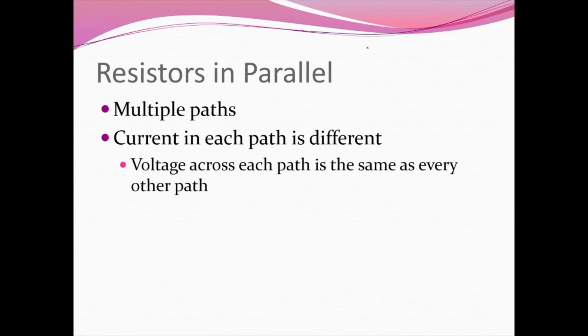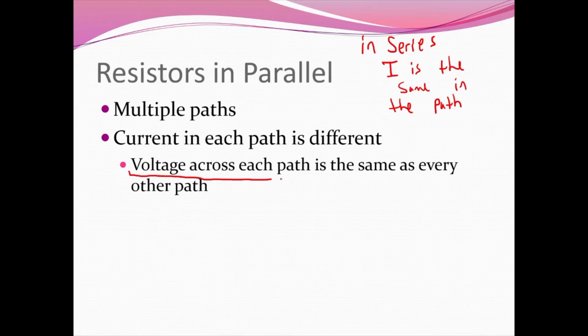So that's the difference here. In series, I'll make a note here, the current is the same in the path, because there's only one path, so the current has to be the same. In parallel, the voltage in each path is the same.